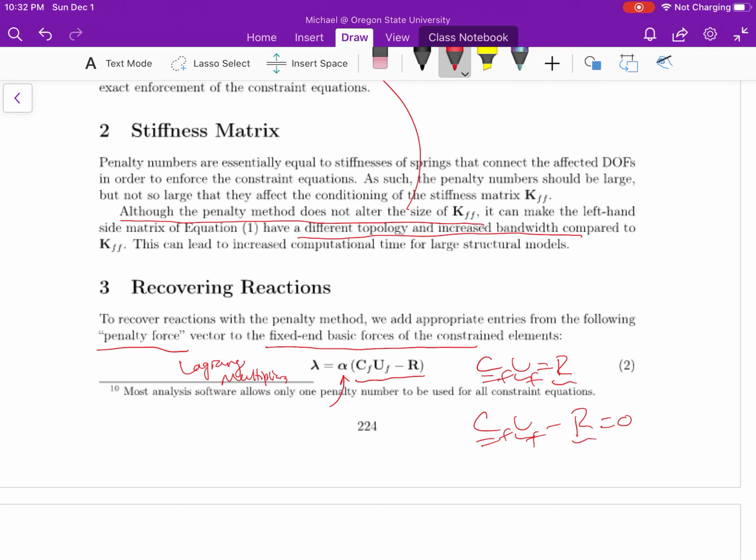And then as the constraints are satisfied, this equation here becomes closer and closer to 0.